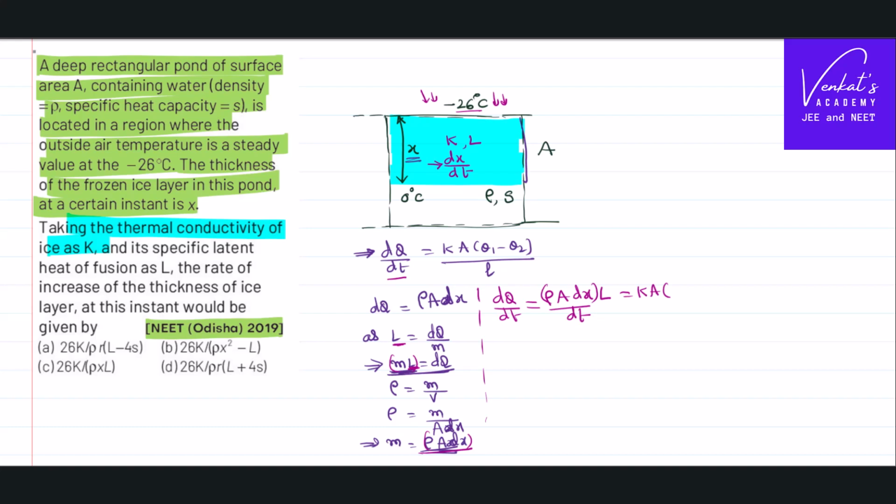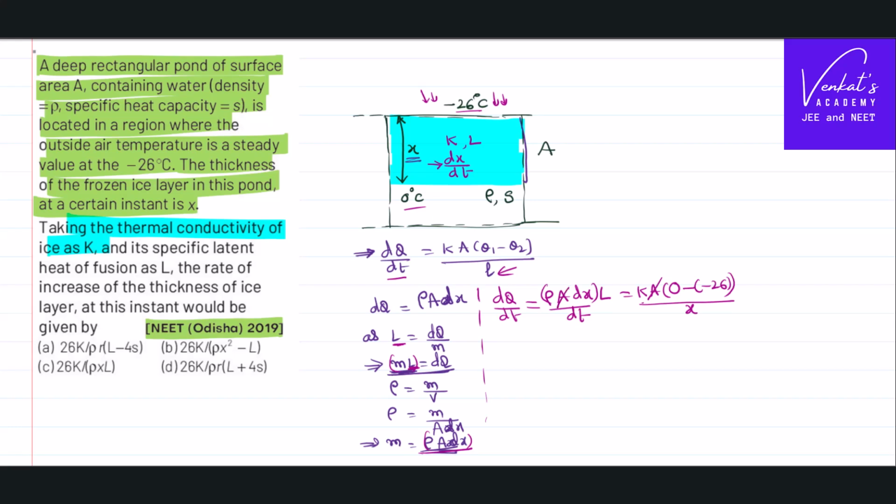The highest temperature is 0, minus the lower temperature, minus 26, as given, divided by the thickness of that layer, which is x.